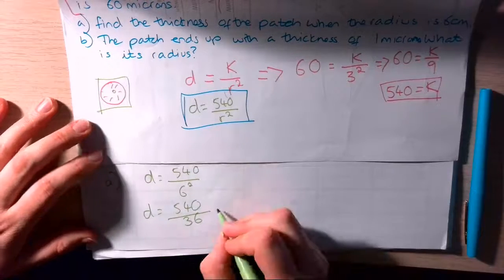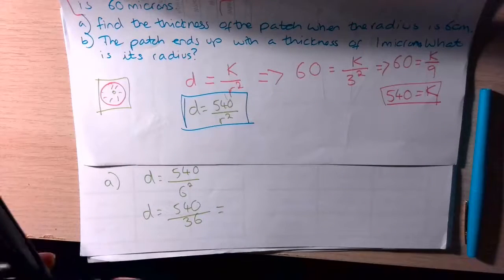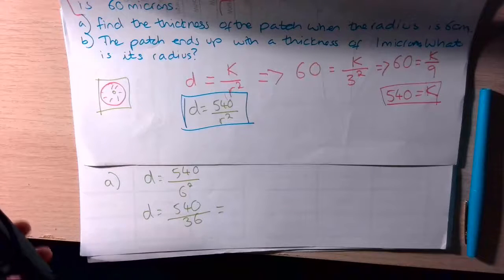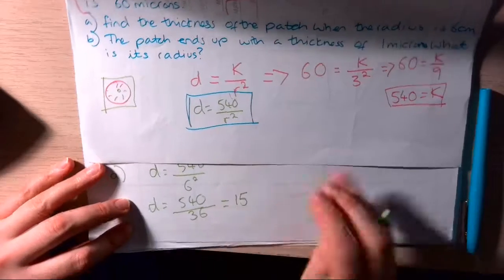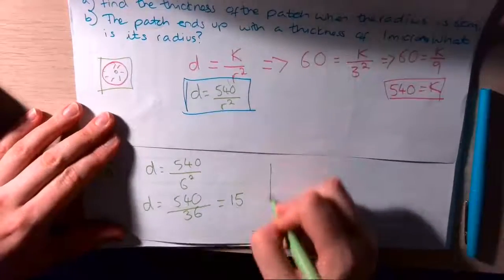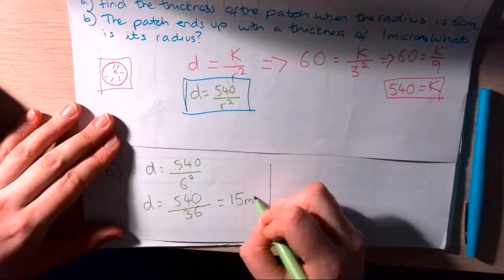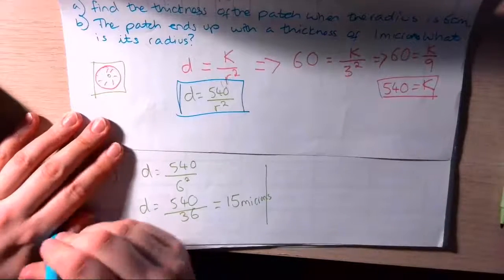Which equals, now bear with me, I feel like I should be able to do this in my head, however the pressure of recording it is getting to me. 540 divided by 36 is 15. Okay, so that's part A. And let's just check our units: microns. Always go back to your question and make sure you've answered it.